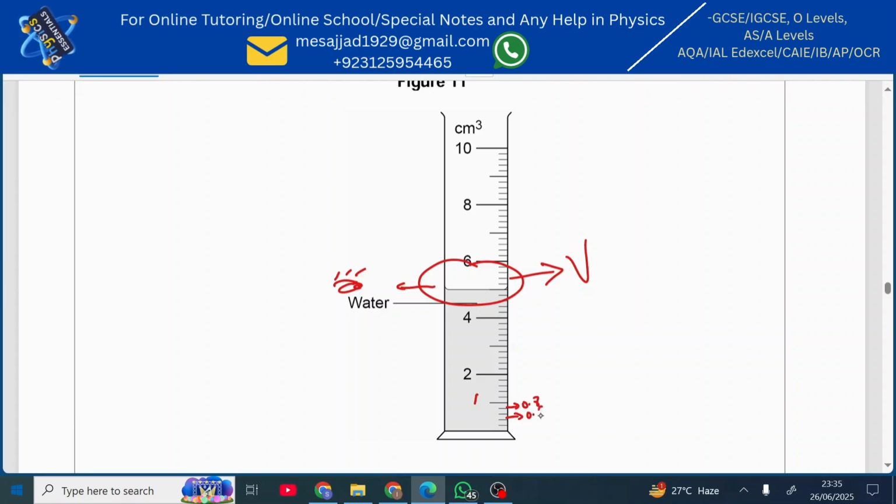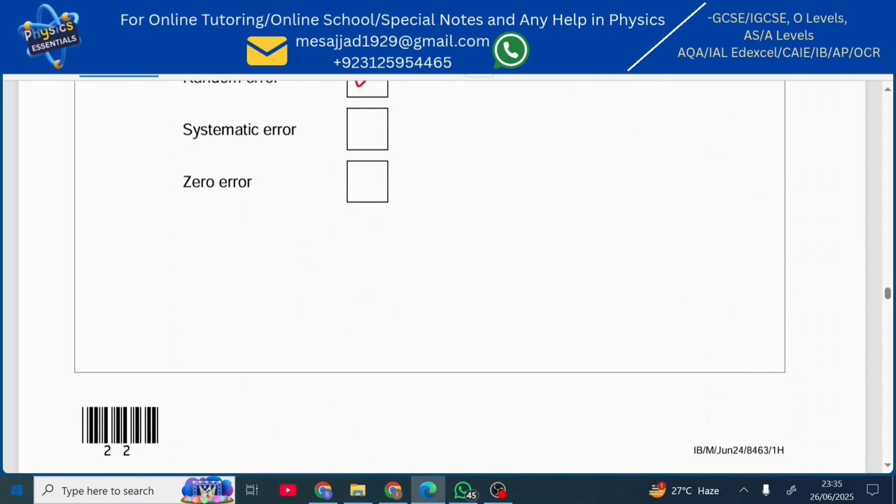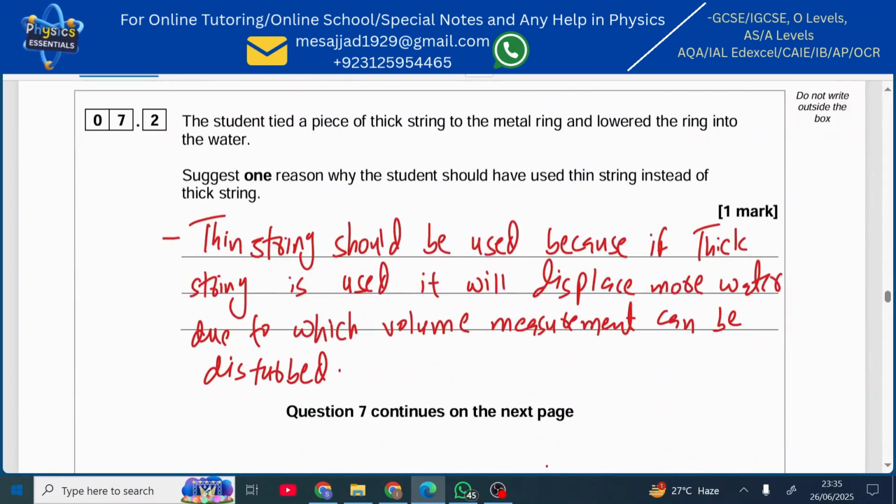This is 0.6, this is 0.4, and this is 0.2, right? So the minimum division that we have is in one decimal place. So it means the reading we can get is 0.4 or 0.6.